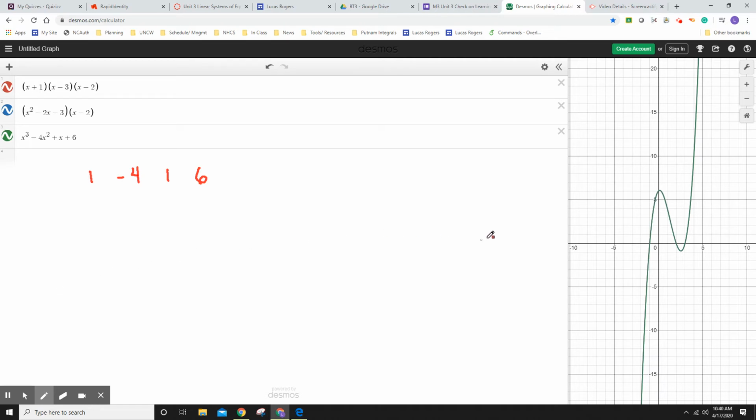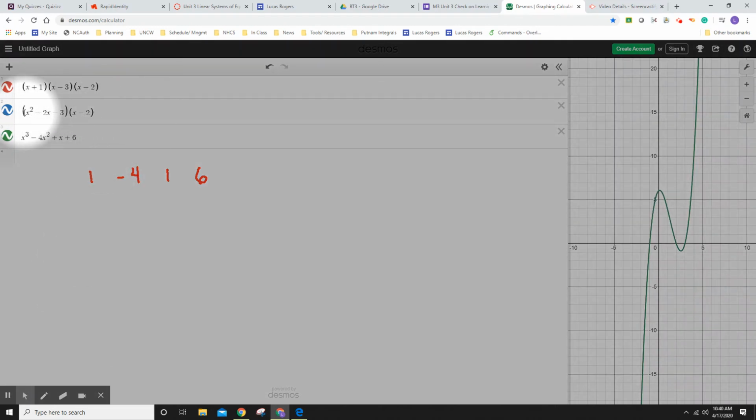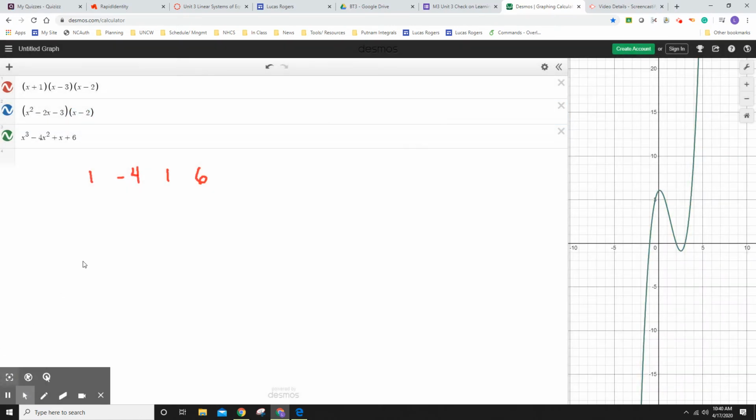And what I'm going to do is, depending on what I want to divide out, so let's focus in on this middle graph here, this middle equation here, which shows us one particular factor. It shows us that x minus 2 is a factor of this equation. So let's try to divide out x minus 2.